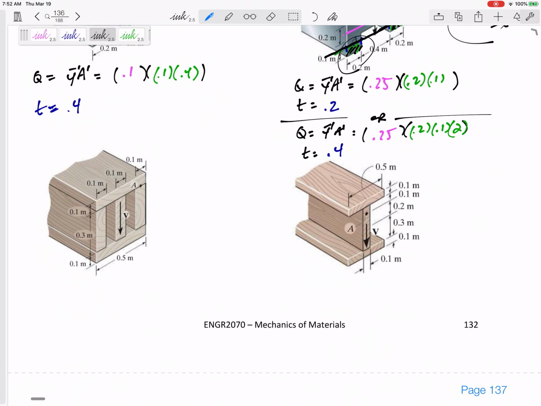So let's do the VQ over IT. So Q is y bar prime A prime. I'm going to come back to y bar prime, but the A prime, let me do this in green, would be right here, right? Because the neutral axis is right there. So this would be 0.5, base times height, by 0.1.